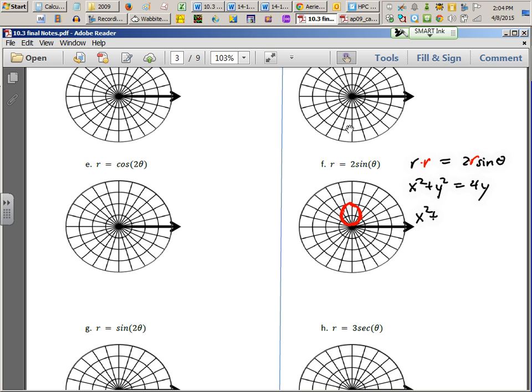And you can even complete the square. Adding a magic 4 here to complete the square, we get x squared plus y minus 2 squared equals 4. This is a circle with radius 2, whose center is at 0, 2. I drew this wrong. Oh, I don't know why I made this a 4, sorry. This was a 2y.